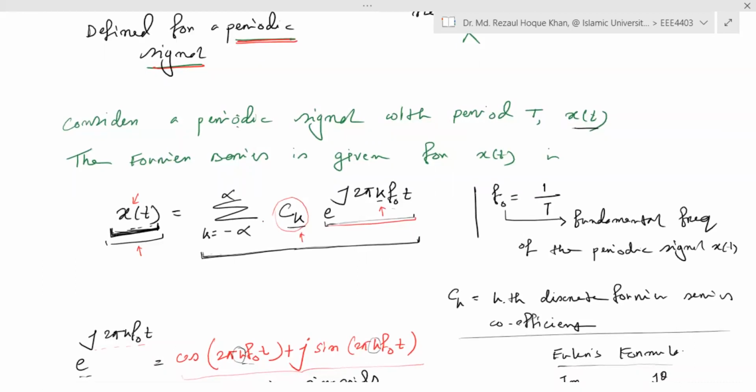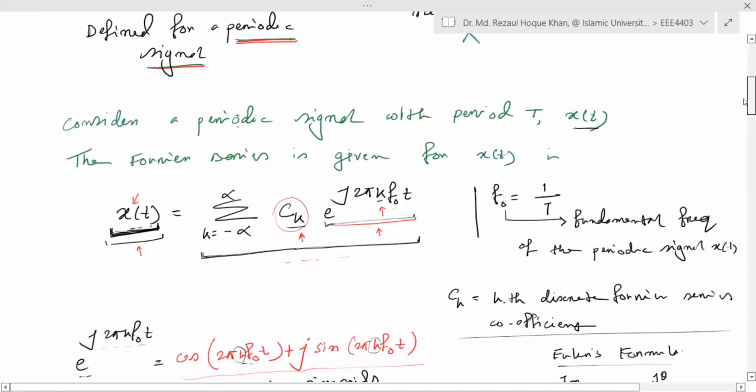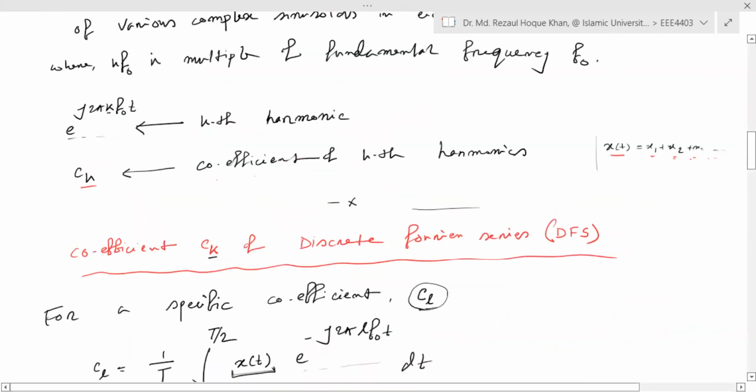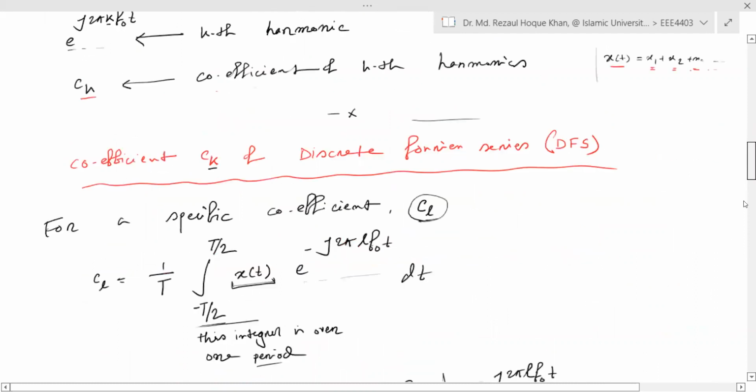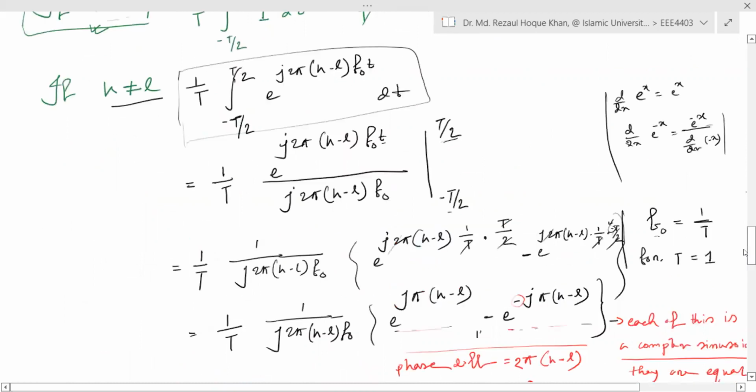So we can express any periodic signal by a series of linear combinations of harmonics, and we can find the individual complex sinusoids and the coefficient of each harmonic. By adding all of this series, we can express xt for its fundamental frequencies x1, x2, x3. Okay, so here ends our lecture today. Assalamu alaikum.